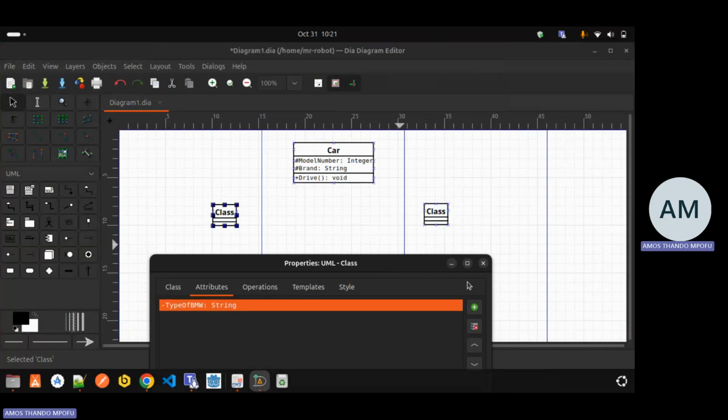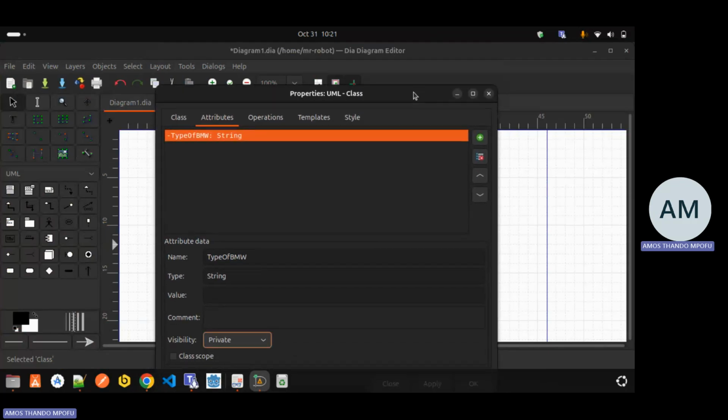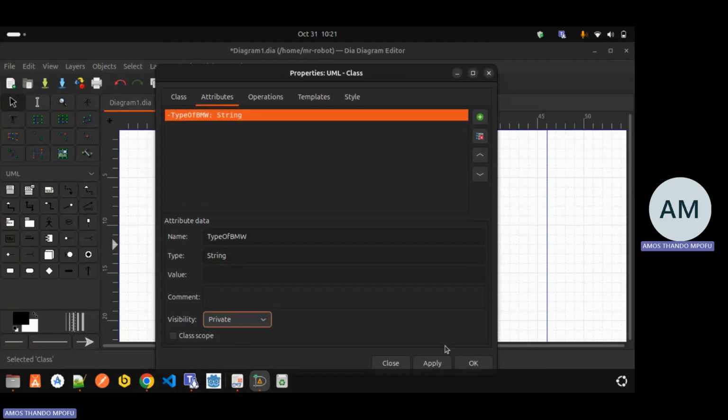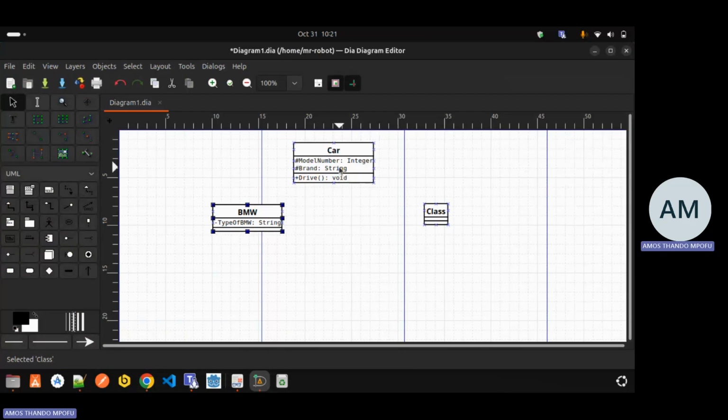And oh, I forgot to do this. Let me apply here and then click OK. I forgot this is informatics. You guys do things a bit differently. Before you display the method or property, you specify what type of thing it is.